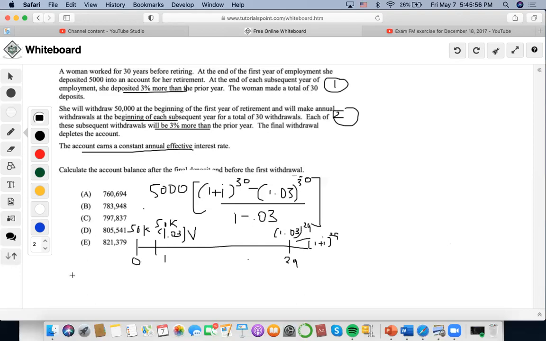So we're going to take 50,000 out and make a sum. So 1 plus the ratio of 1.03 divided by effective 1 plus i, which is denoted v, plus, for the next term, 1.03 over 1 plus i squared, right?